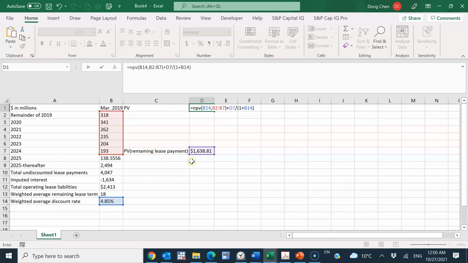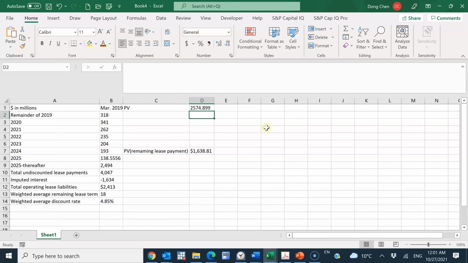Discount this back to the true present. And by how many periods we can simply count, right? 1, 2, 3, 4, 5, 6. Yeah, so we're going to have 6 years to discount back. And then we can just press enter.